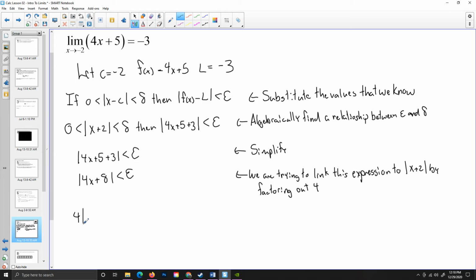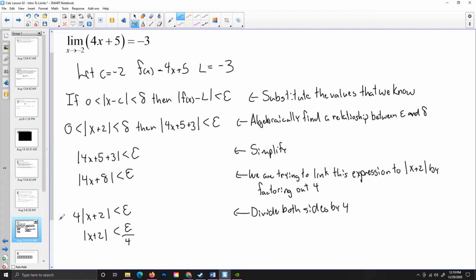Let's go 4, and we can bring it outside because since it's a positive 4, when I distribute it inside the absolute values, it will stay the same. So I'll have 4 times the absolute value of x plus 2 is less than epsilon. Now I'm going to divide both sides by 4. That'll give me the absolute value of x plus 2 is less than epsilon over 4.